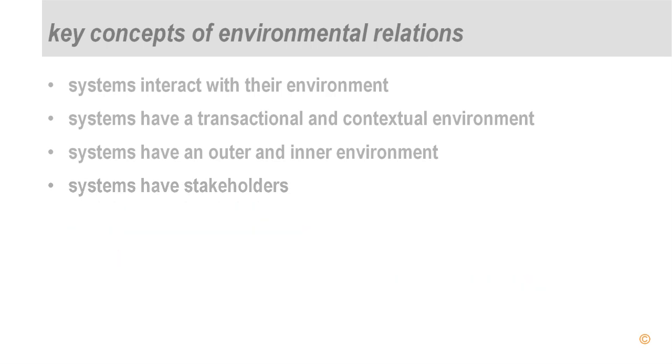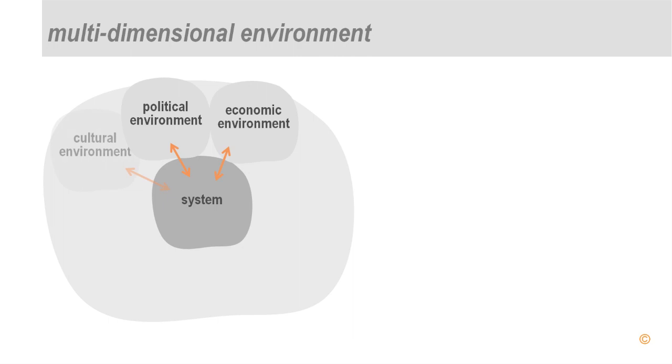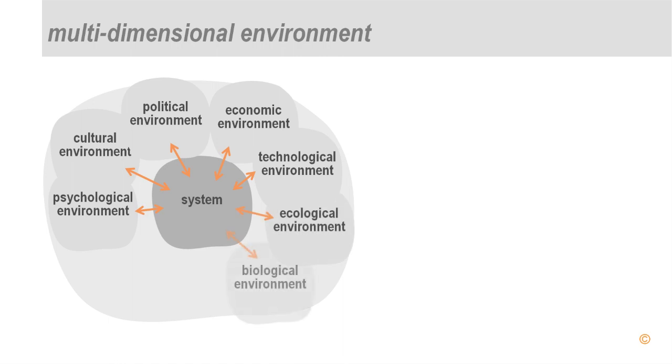Another organizing principle of the environment is that it is multidimensional. This means that we can classify the environment into different categories. We use the classifications of a political, economic, cultural, psychological environment, and a technological environment, ecological, biological, physiological, physical.